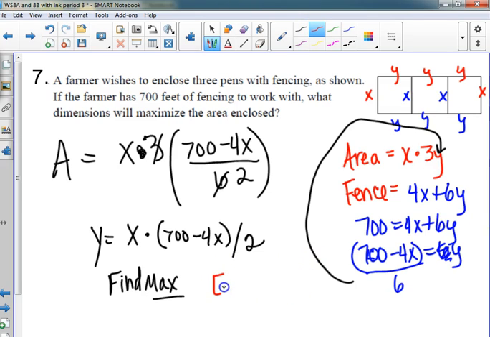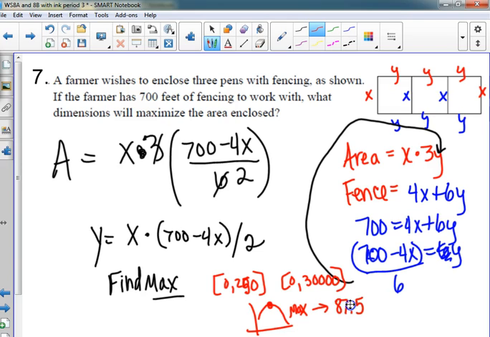Okay, can anybody tell me what my window was again? 0 to 250 and 0 to 30,000, is that what I had? And then I found the maximum up here, and the maximum occurred at, what did we get? 87.5?